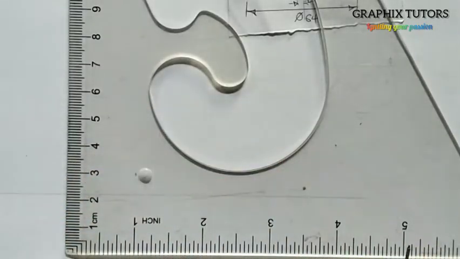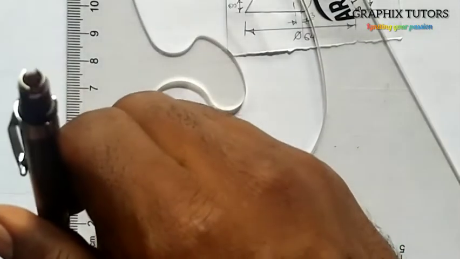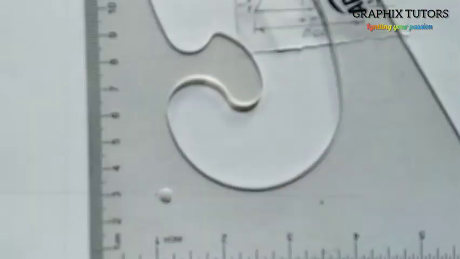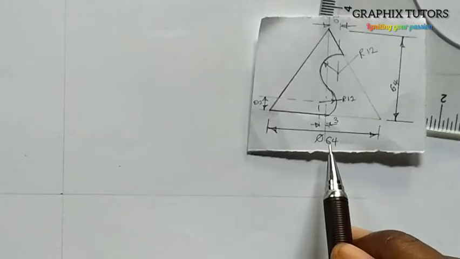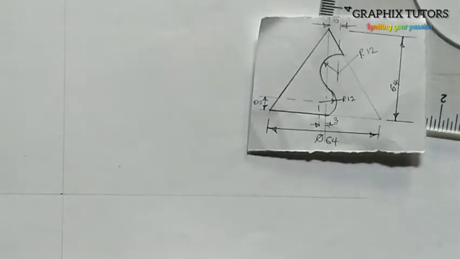So looking for the center and draw, I'll be having something like this. Let's just take it down a little bit. So I'll be having this, and this is my center. And as we recall, the base has a diameter of 64. So half of 64 will give me 32.